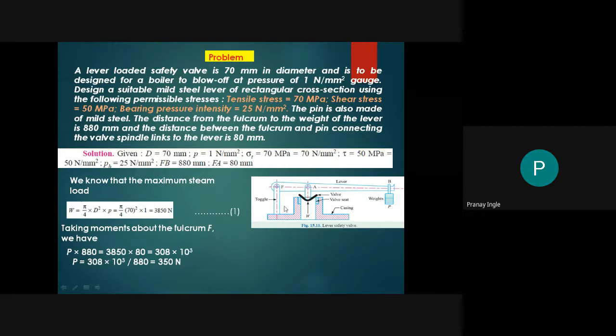What about the reaction at F? W minus P? Yes, sir. Any other? Summation of Fy is equal to 0. Okay. Any other?